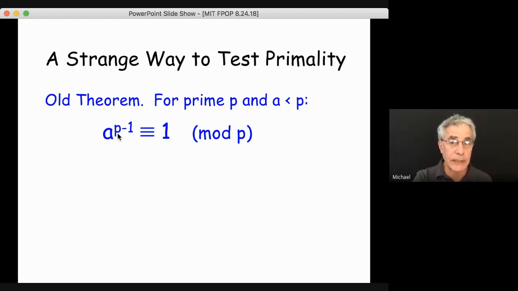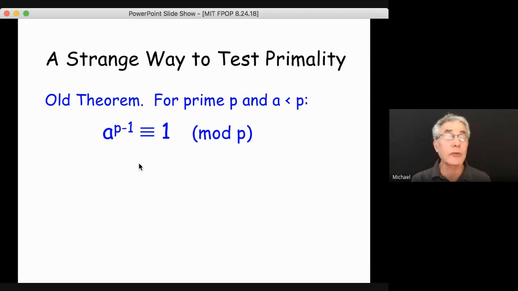We'll do an example in a second, but you take A and you raise it to the P minus 1 power, just in the ordinary sense. And then you divide by P and take the remainder. Okay, you got that? Take your number, whatever it is, any number between 1 and P minus 1. You raise it to the P minus 1 power. You divide by P. You always get 1 for a remainder.